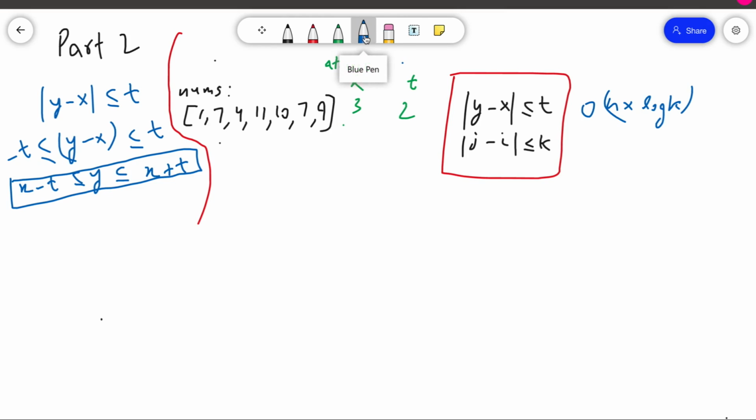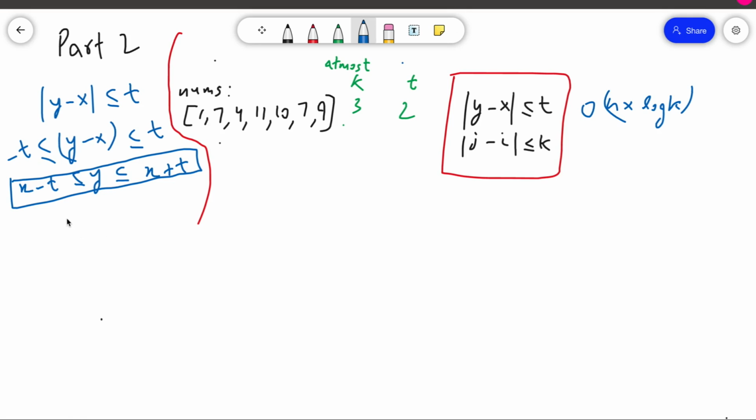So in our new approach, I am going to use the inequality property of absolute value. We all know that mod of y minus x less than or equal to t can be written as y minus x greater than or equal to minus t and less than or equal to t. So the value of y becomes greater than or equal to x minus t and less than or equal to x plus t.